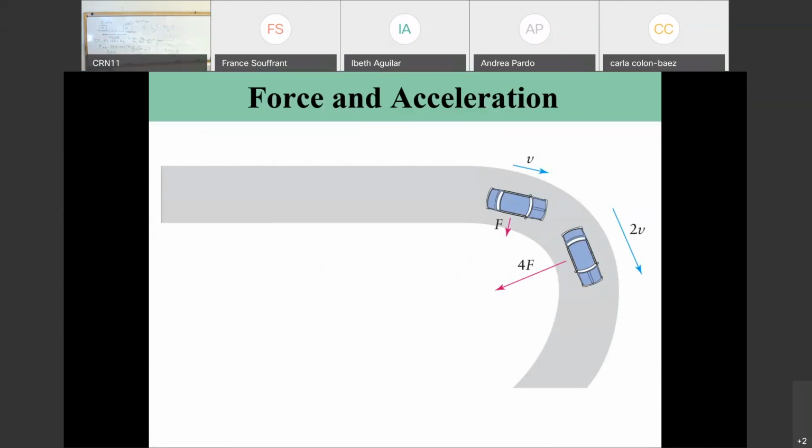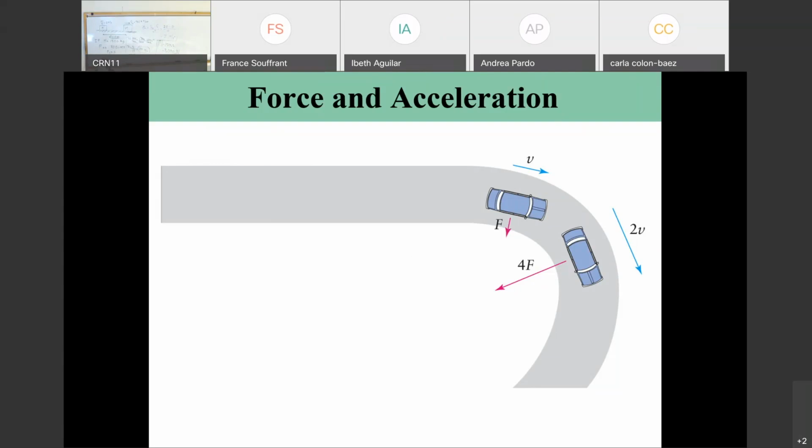If you are going at some speed in a loop and the speed doubles, then in this case the force doesn't double. The force quadruples, because the centripetal force acting on the car is proportional to the square of the velocity.